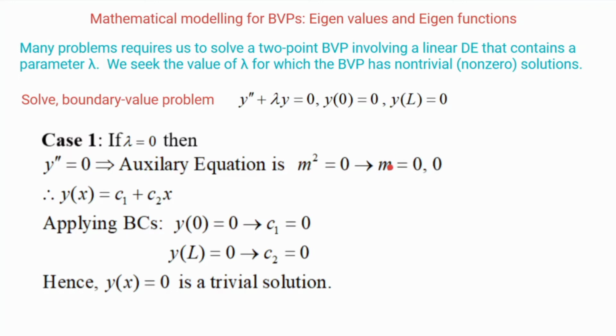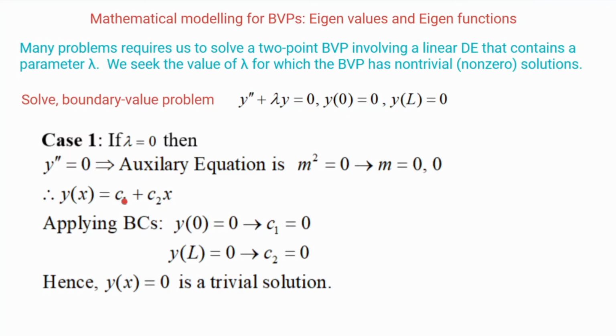That means we get m equal to 0, 0. That means the roots are real and equal. In this case, we can write the solution y(x) equals c1 plus c2 x, because m equals 0 means e power 0 equals 1.